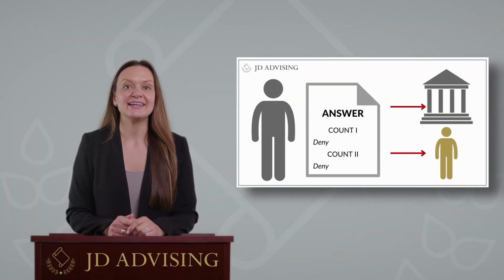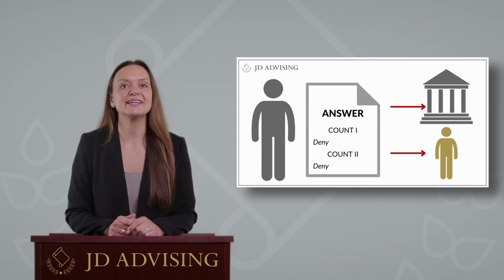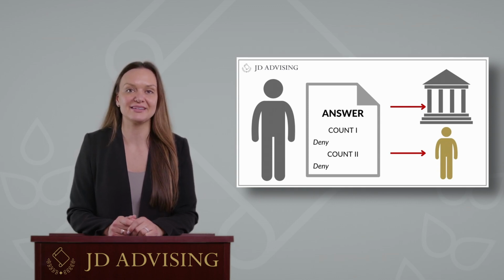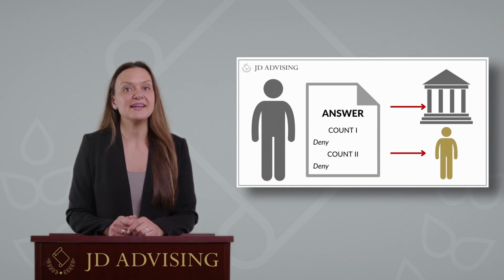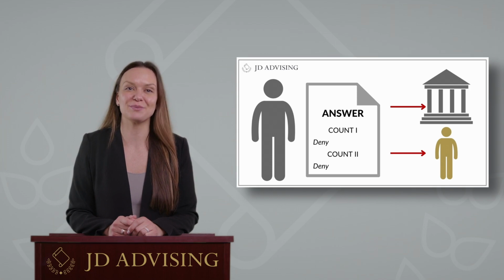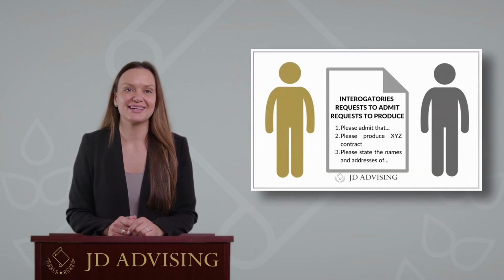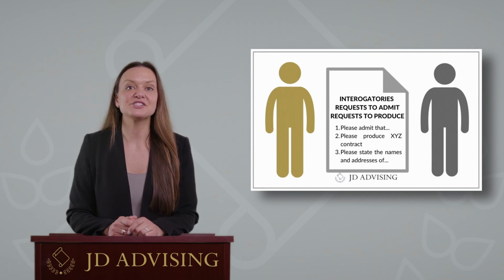The defendant can admit, deny, or say he doesn't know how to respond to the paragraphs in the plaintiff's complaint. But basically, the defendant is required to provide some kind of response to the plaintiff's complaint. Next, discovery begins. This is when information is being shared or discovered between the parties.